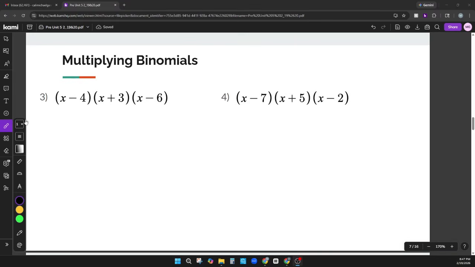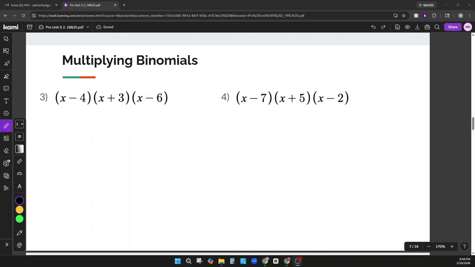And if we need more practice, we also need to complete our worksheet. We have number 3 and number 4 left for you to try on your own. Please check your answers with those in the classroom, Mr. Ibarra or Ms. Lopez, either one, and see how well we're doing on these particular problems.